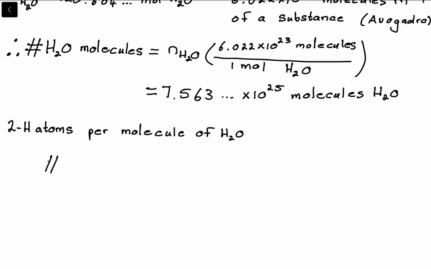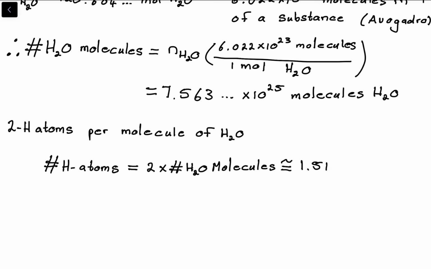So the number of H atoms is equal to twice the number of water molecules, rounded to 1.513 times 10 to the power 26 hydrogen atoms.